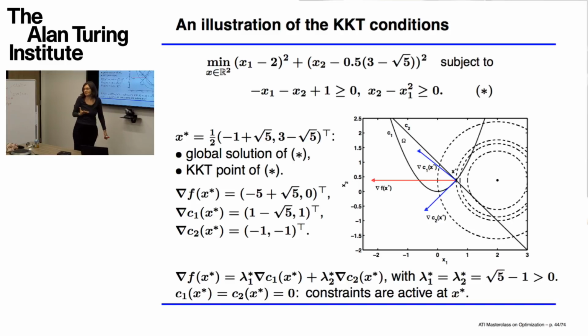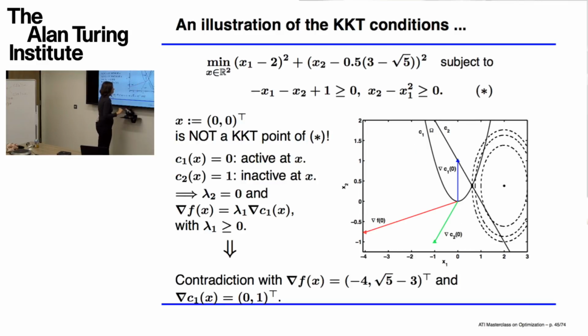That's essentially what KKT is saying. Similarly, at another point on the boundary, you have the gradient of f, and then you have the constraint gradients there. Only one constraint is active at this point, just this constraint. And you can see that the gradient there is not a linear combination of any of those constraints. So just a simple illustration.